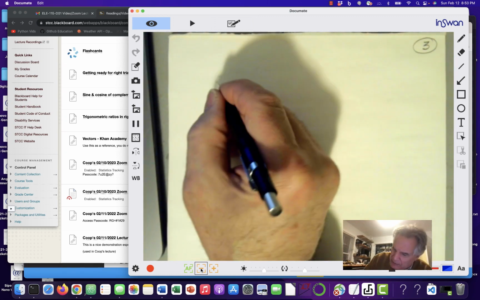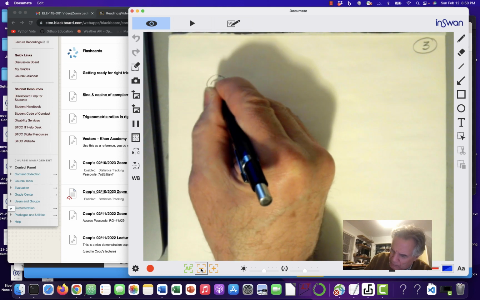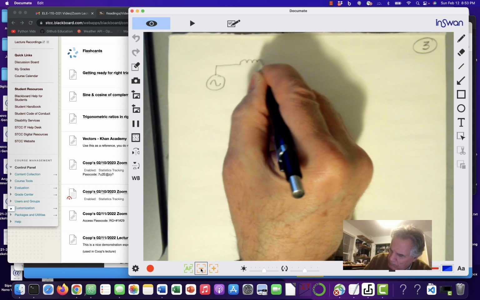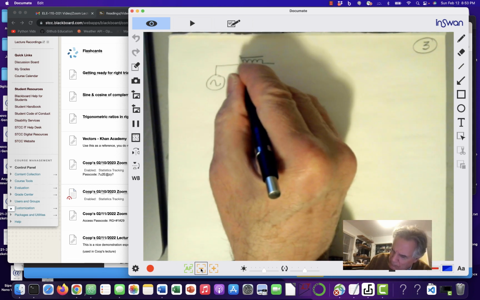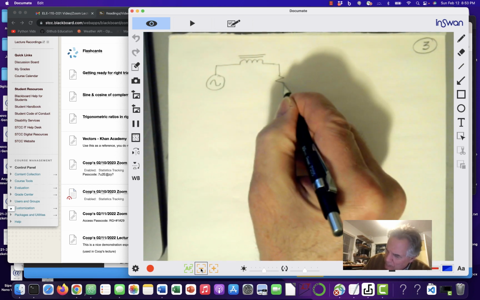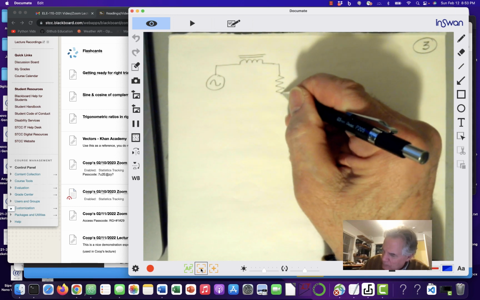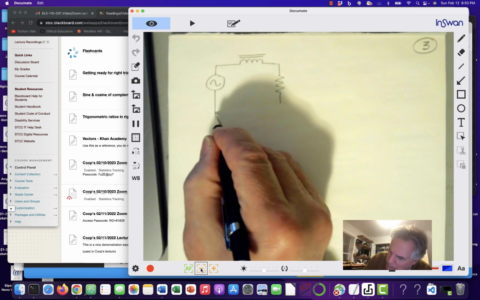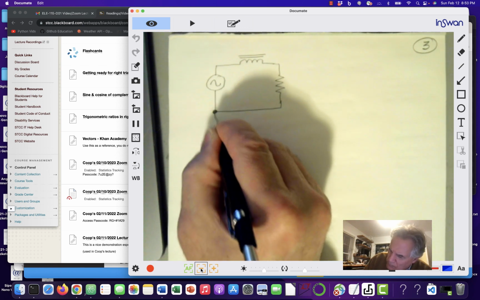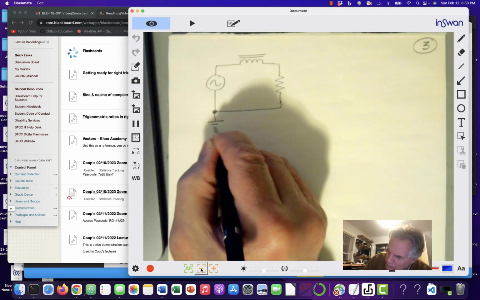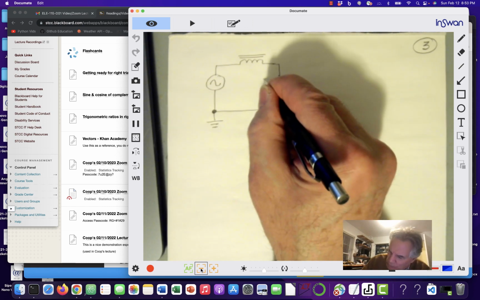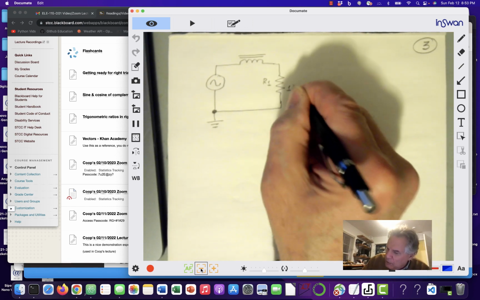Remember, this was our circuit. R1, 1K ohm.